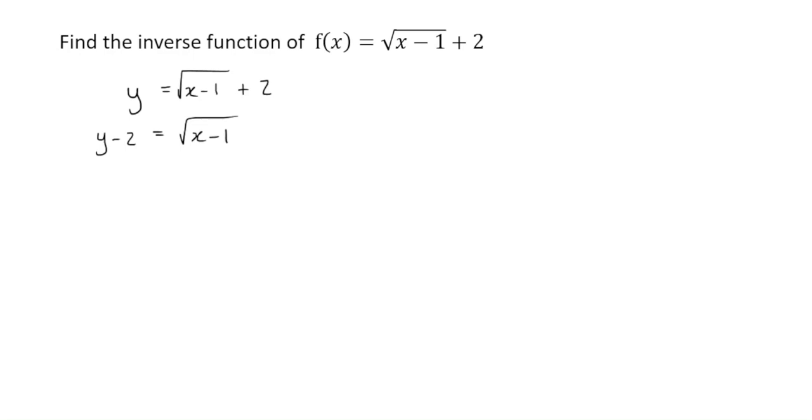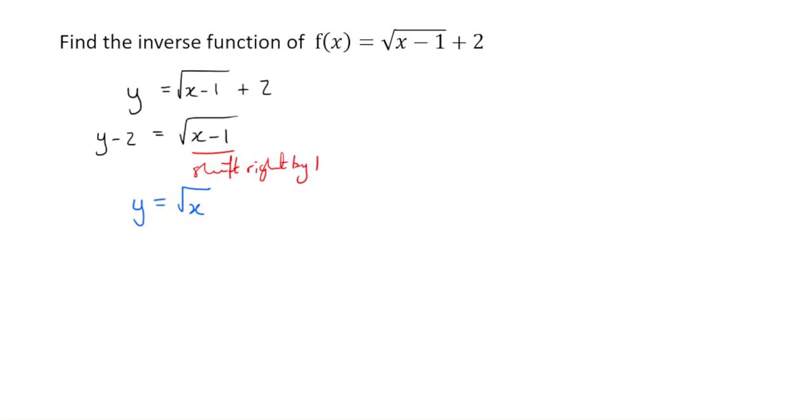And what I want you to notice is that this graph is basically the same as y is equal to the square root of x, but there are two shifts which are taking place, right? Here you've got a shift in the x direction by 1. So this is a shift right by 1.